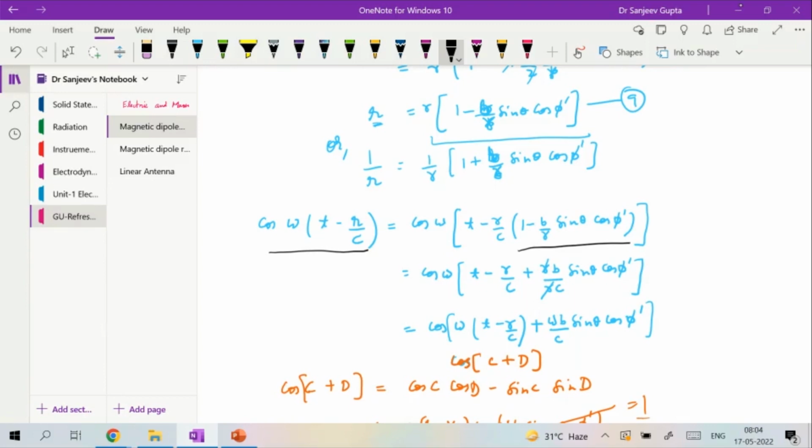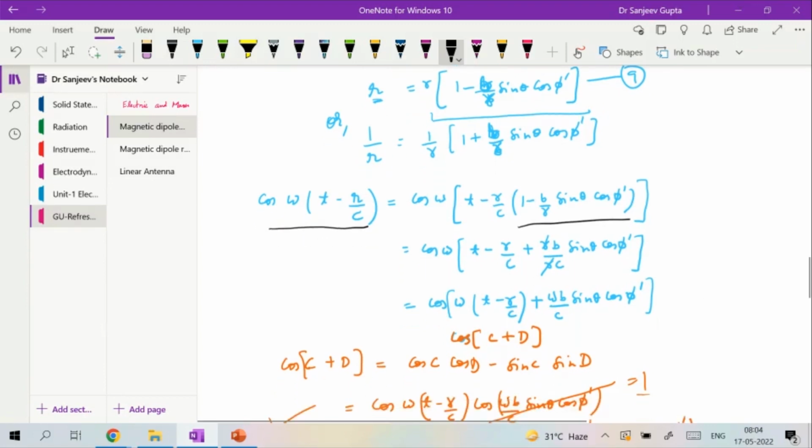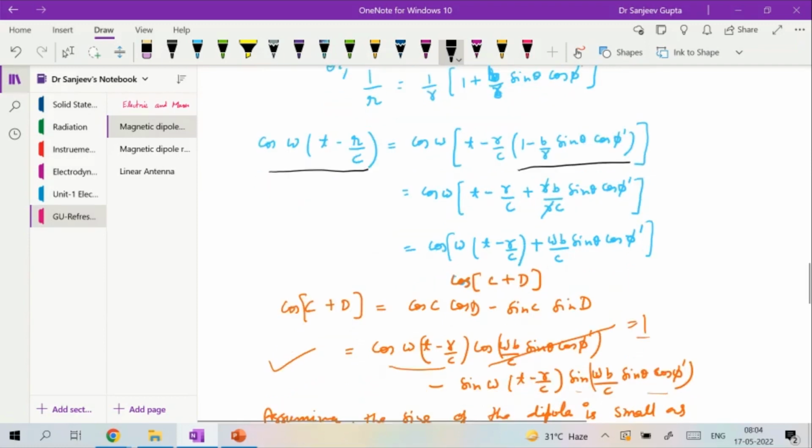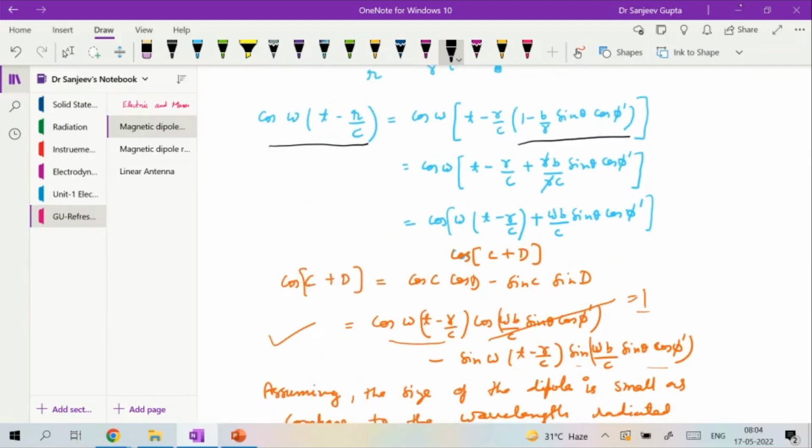I'm putting these r values, so you can see here this expression. This multiplied with this, and this divided by this, r by r cancels out. That gives b by c sin theta cos phi prime. Now you can see that it has the form cos c plus d.